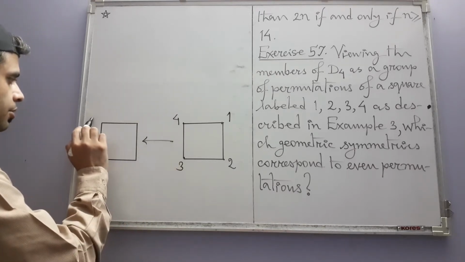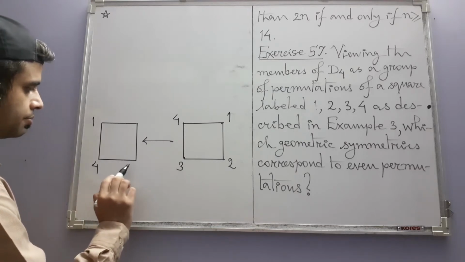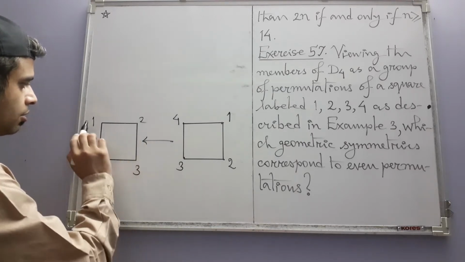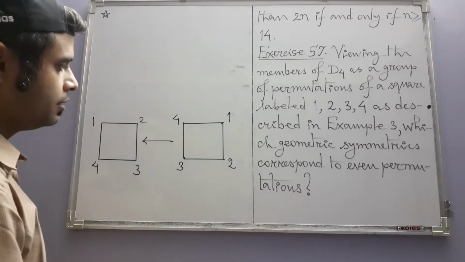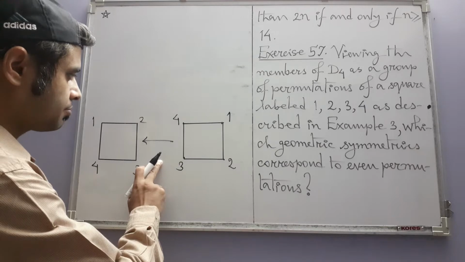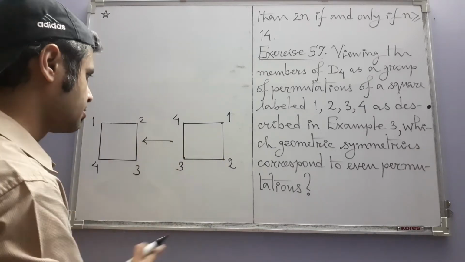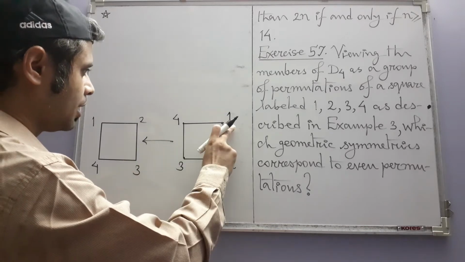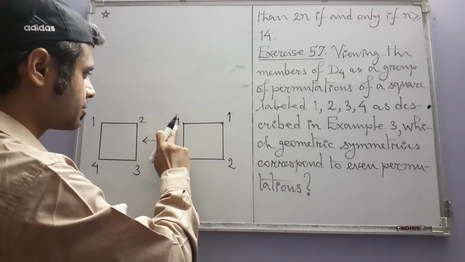Say you do this, 1 4 3 2, or like this. Okay, so what is the geometric transformation that we applied to get this? Namely, the one which brings 1 in place of 4.